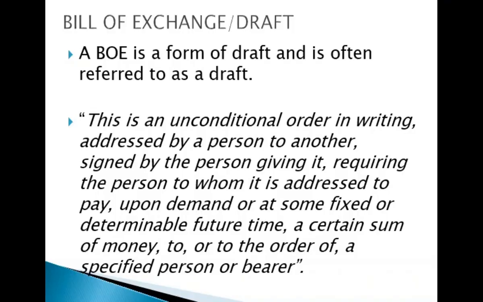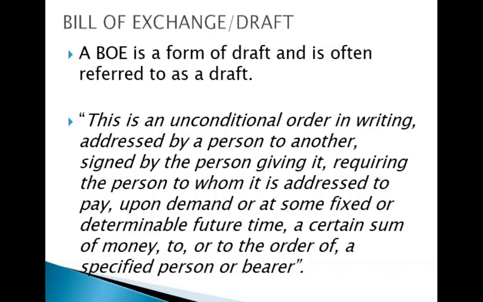A bill of exchange, or simply draft, is often referred to as a draft. So, a bill of exchange is a draft, and a draft is a bill of exchange.